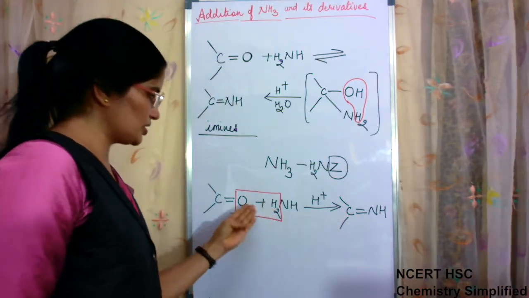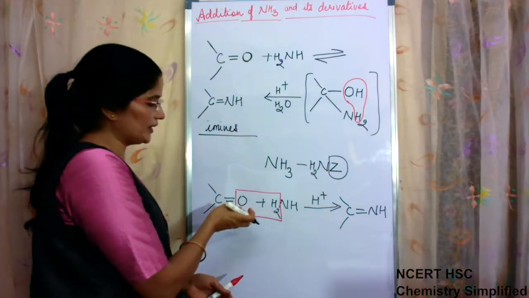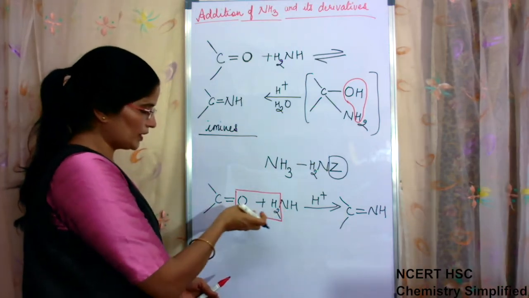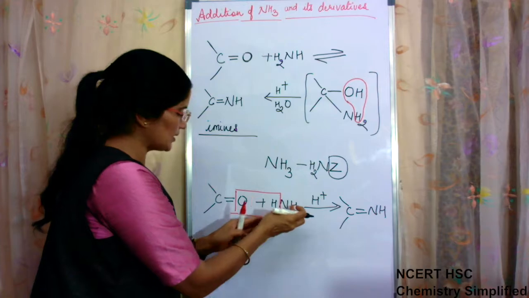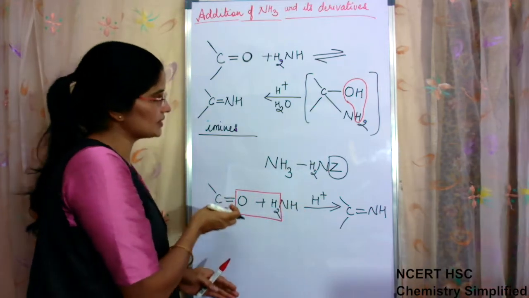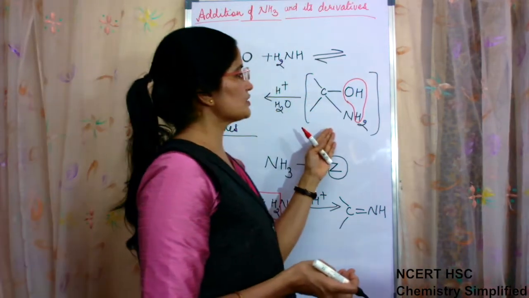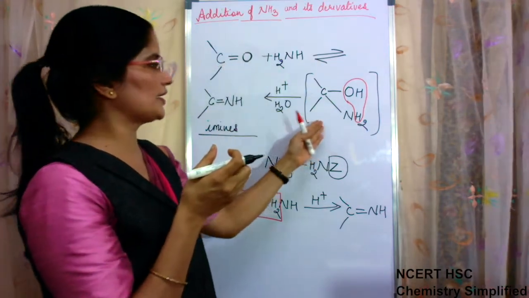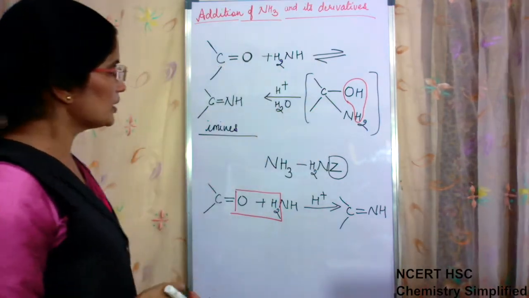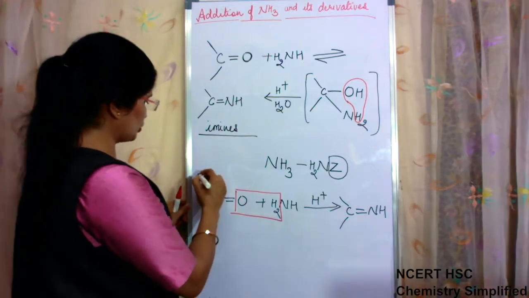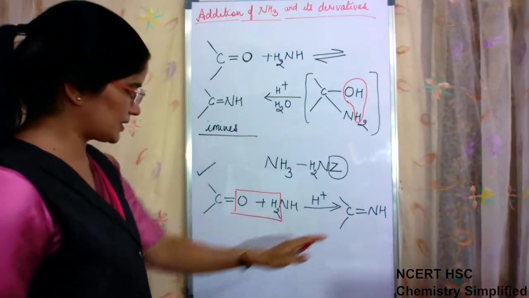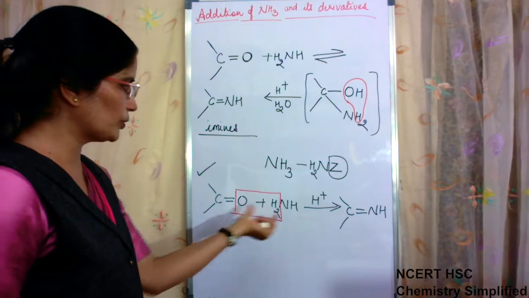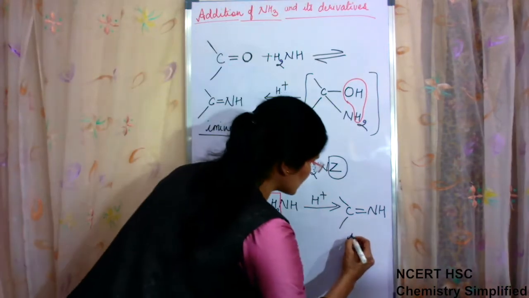Only 2 hydrogens you just eliminate with the O of the carbonyl carbon and water will be lost, and just connect this N to the carbon by double bond. But what intermediate is formed, this also should be known to you. That is why first we had written the reaction in this manner. So finally the reaction which you will write is this, that directly eliminates a water molecule and forms imines.